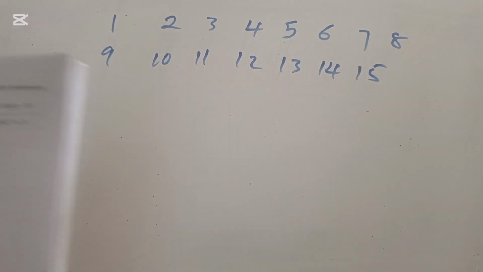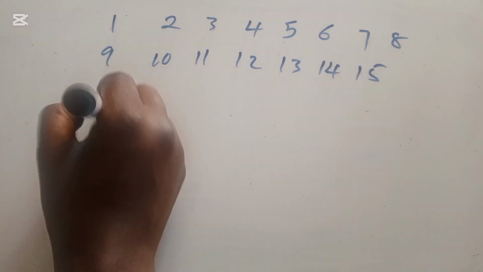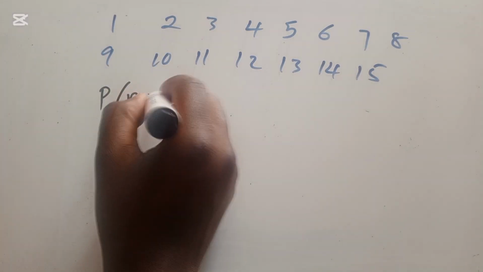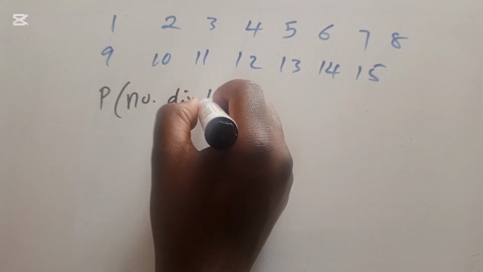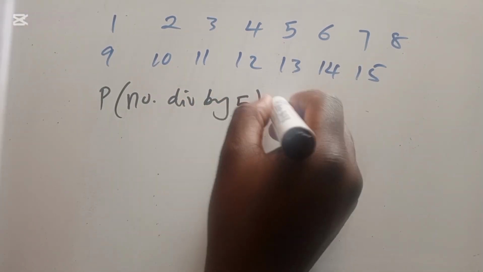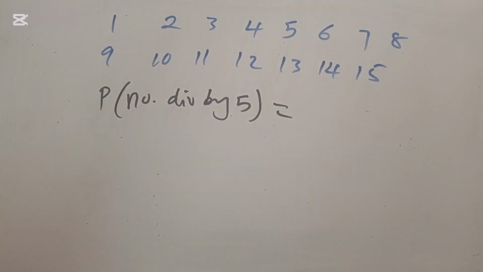So we are being asked to find the probability that if you draw a card at random, you get a number divisible by 5. This question could be phrased as a multiple of 5.